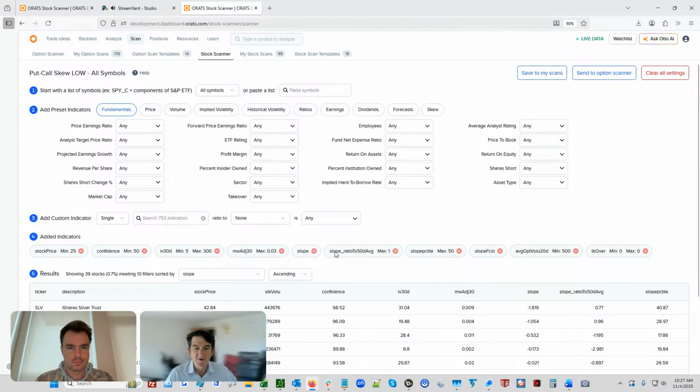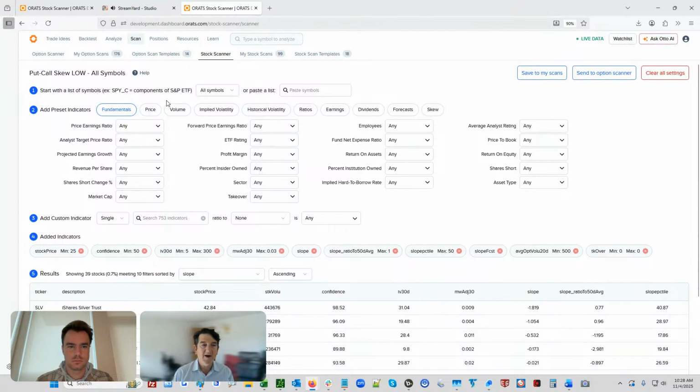We're looking for low skew. Silver, and we talked about this before, has a low skew, a slope of only 1.89. Gold as well, TLT. These are all pretty flat. Like I said before, they tend to get more volatile as they go up. So this is how we would identify types of stocks with low slopes.